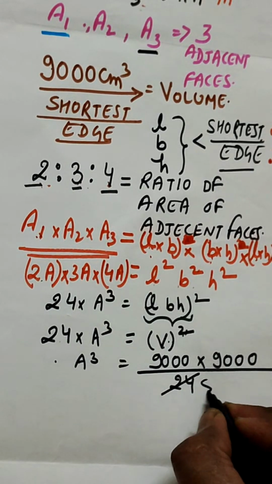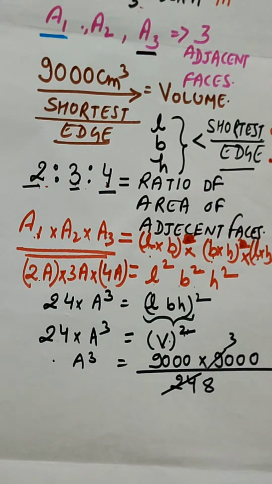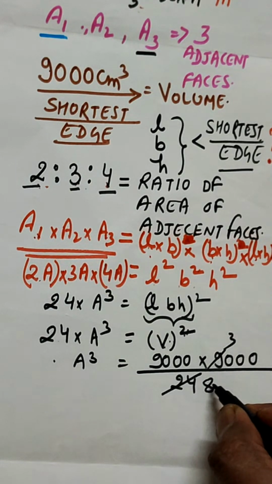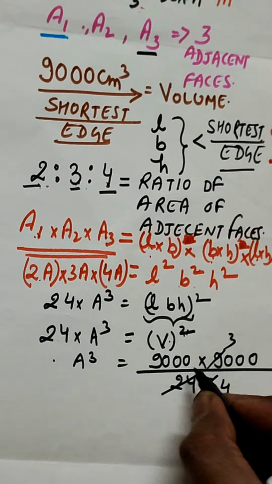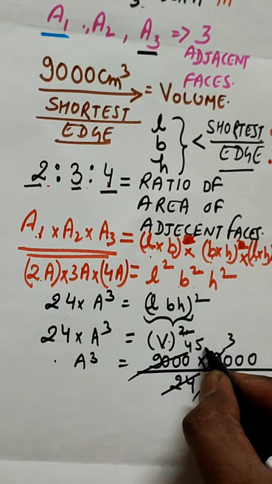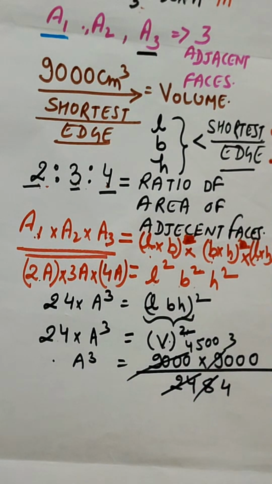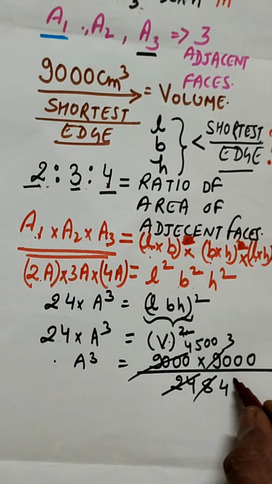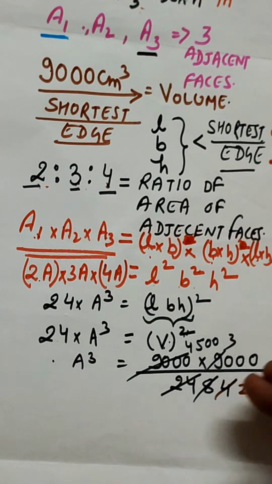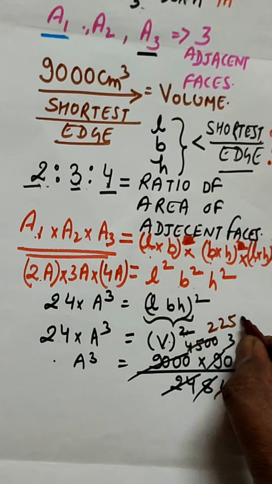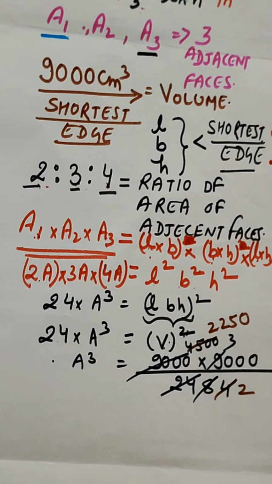From 3 at 24, 3 times 8. Then 4 times 8 is 32, and from 4 again you cut, 4500, okay? 2 to 4, 2250 into 3, right?